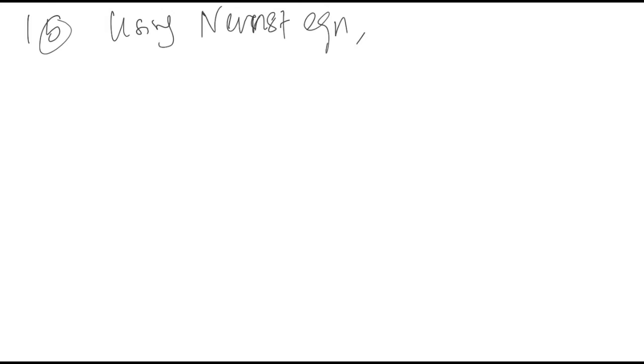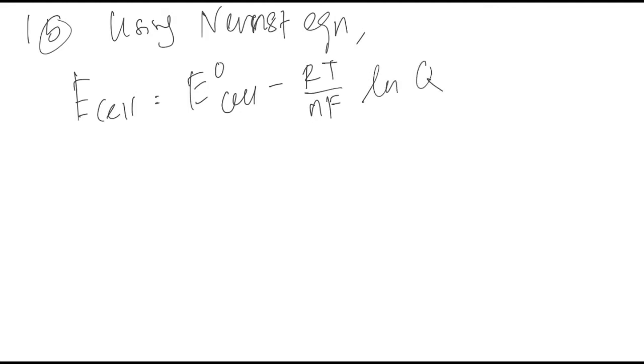So the Nernst equation, E cell, you can check in your book as well if you don't remember the formula. E cell equals E naught cell minus RT over nF ln Q. In order to define the Q, we have to know what Q is here.